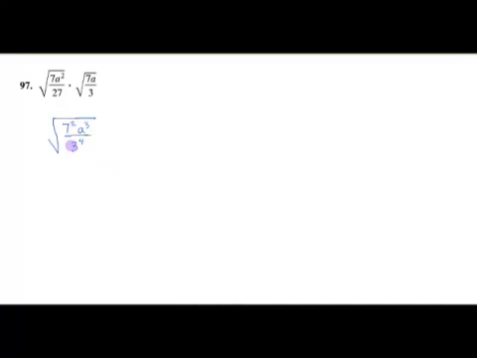Now I'm clear on these. They already have exponents that are multiples of that index 2. What I need to do is separate out an a. So I'm going to put in this first one, 7 squared a squared over 3 to the fourth, and multiply that by the second radical of just square root of a.